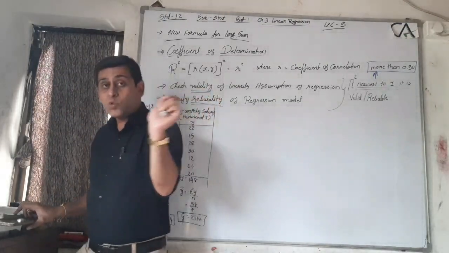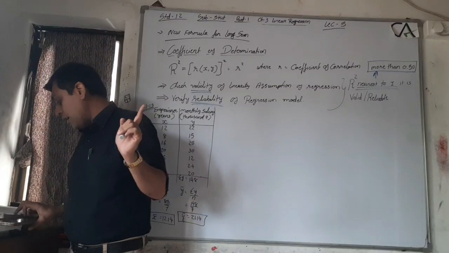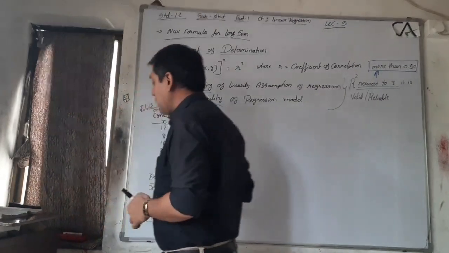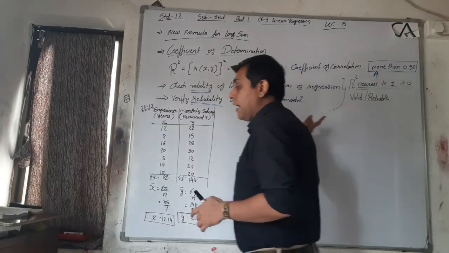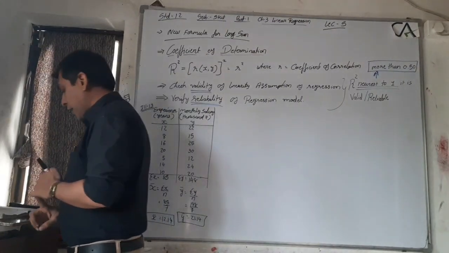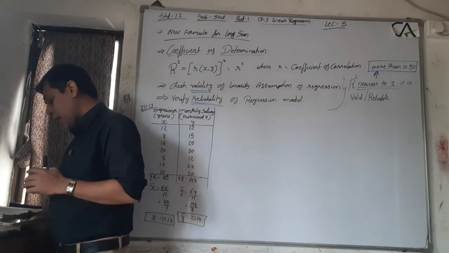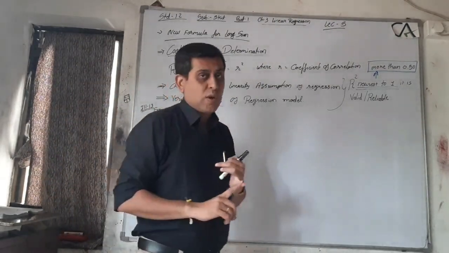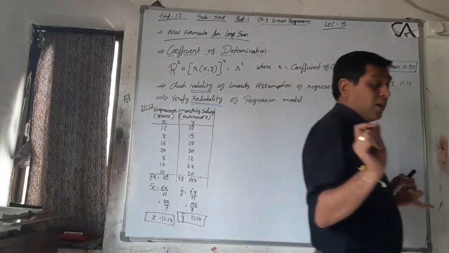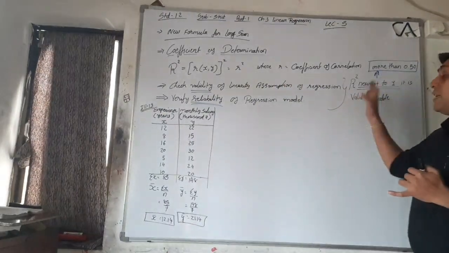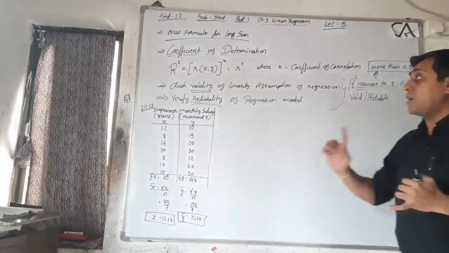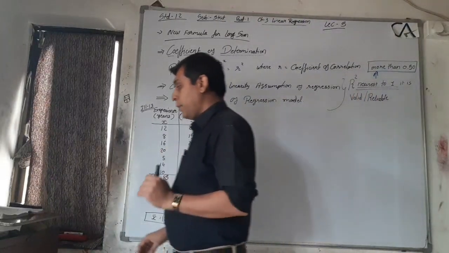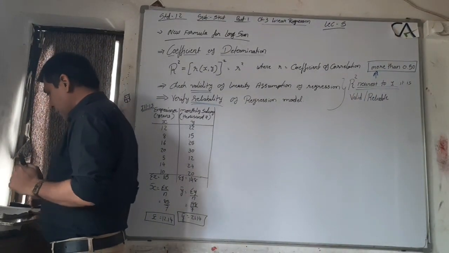See, underline this word, check the validity of the linearity assumption of regression between years of experience and monthly salary, that is between Y and X. So you have to find out R square first and then give the answer whether it is valid or not, that you have to check the validity of the regression model or regression assumption.